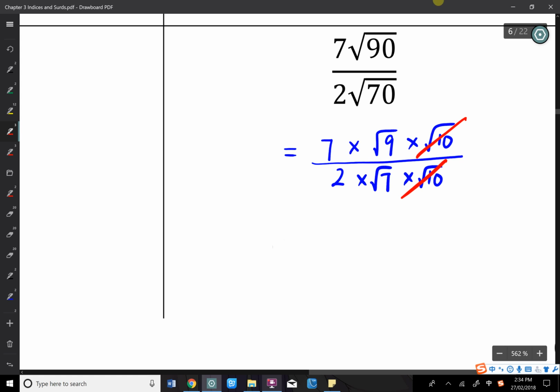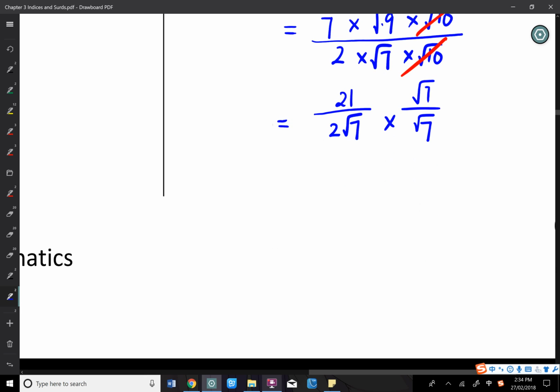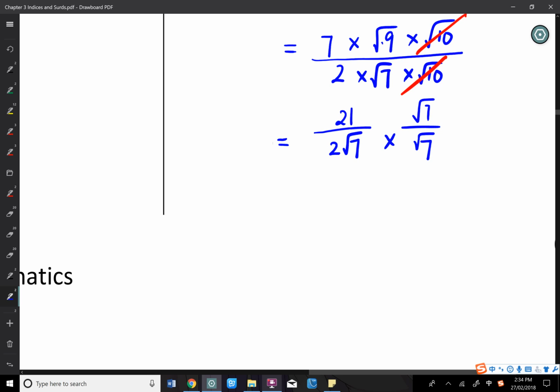Then we can see the top is 3 times 7, 21, over 2 root 7. So I will times root 7 on both top and bottom. You need to know the purpose. My purpose is just to get rid of the root. I want an integer at my bottom, as my denominator, so I must get rid of that.